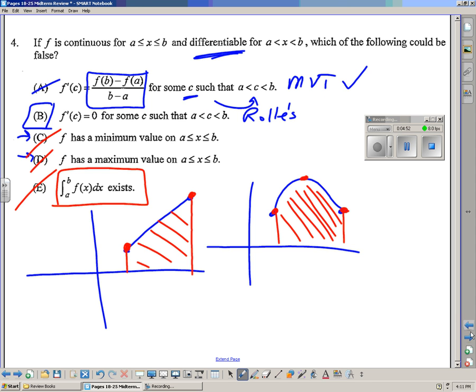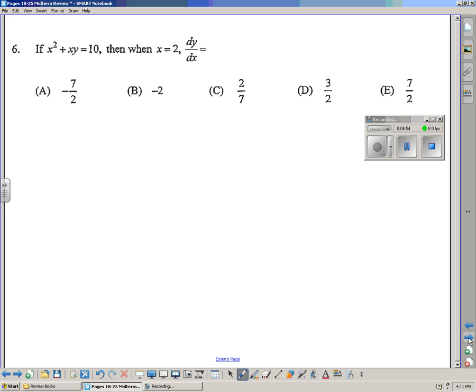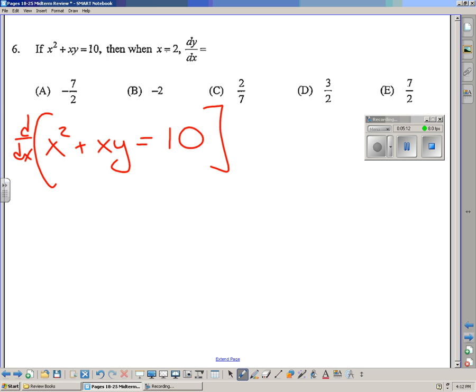Number 5. We have if x squared plus xy equals 10, then when x equals 2, dy/dx is. So we have an implicit curve, and we want to find the derivative at a certain point. So we will take the derivative with respect to x on both sides.